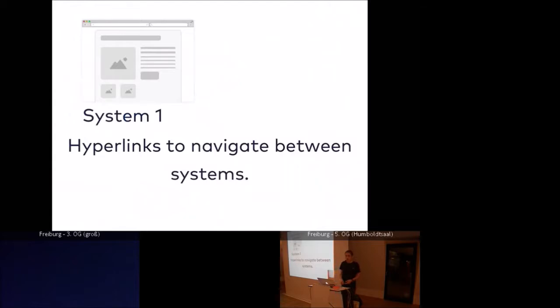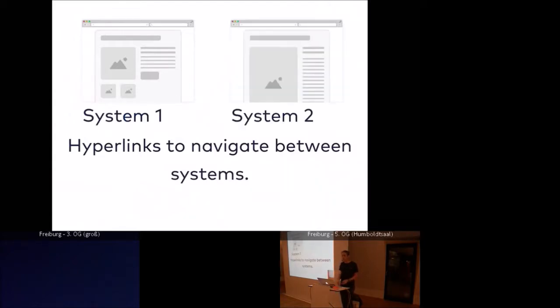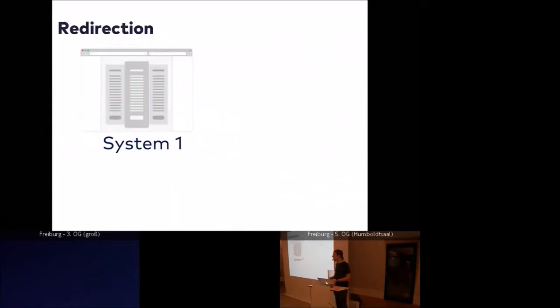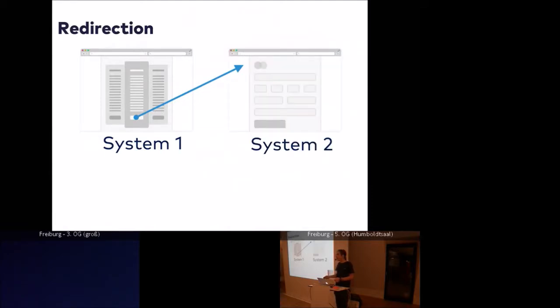Well, there is a very simple way, which is there is the system, there is the other system, and there is a link. That's fundamentally what I've just been talking about. You might want to do it a little bit more sophisticated, so you can have redirection. So I have a link again, I click on that link, I go to the other system, and then I'm redirected to the original system.